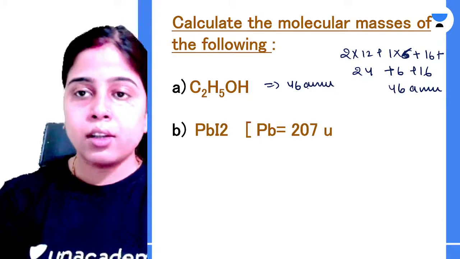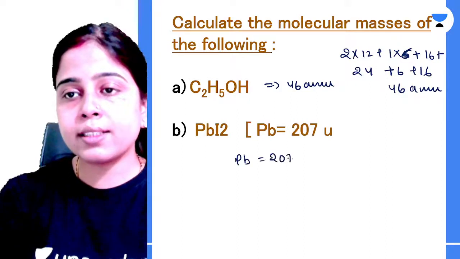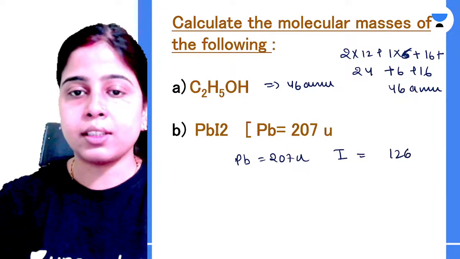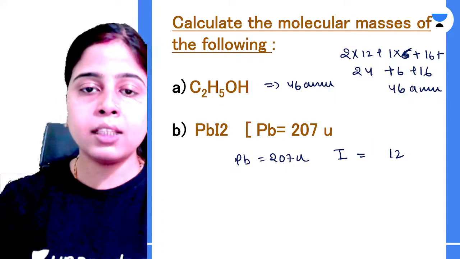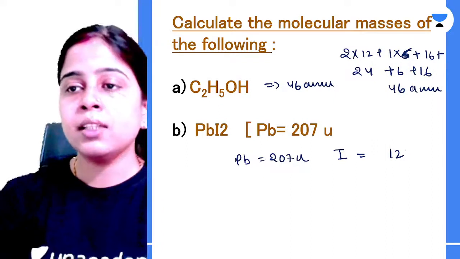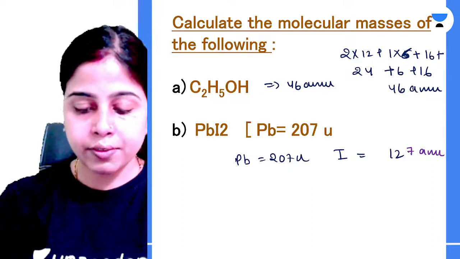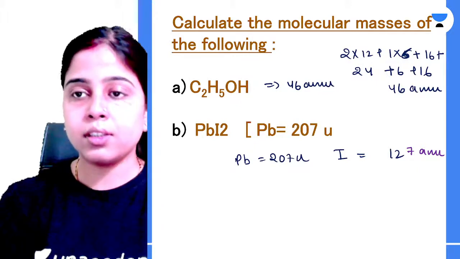Okay. Lead I have already given you. Lead's atomic mass is 207 U and iodine's atomic mass is 127. It's basically 126.9, so you can write it as 127 AMU also. Clear everyone? So this is the atomic mass of your iodine.